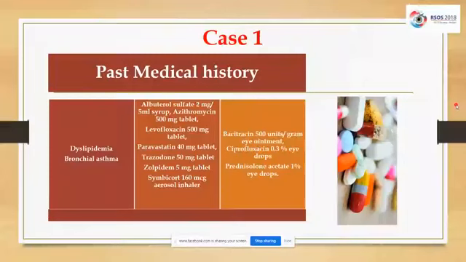The past medical history of the patient includes dyslipidemia and bronchial asthma, and the patient is also on some drugs: antibiotics for suspected infection, levofloxacin, a statin for dyslipidemia, and some inhalers and medications for controlling her asthma.